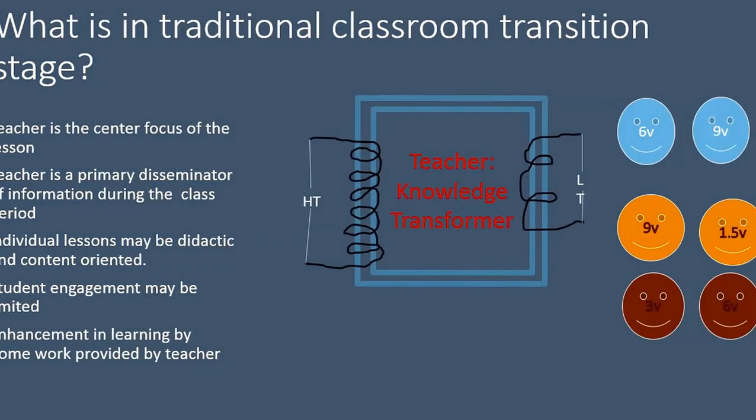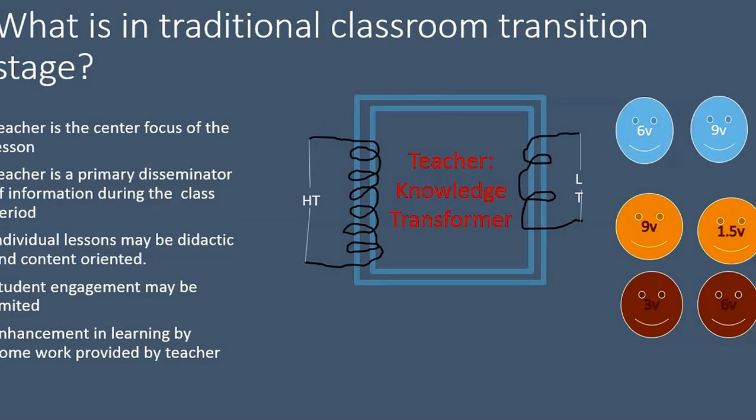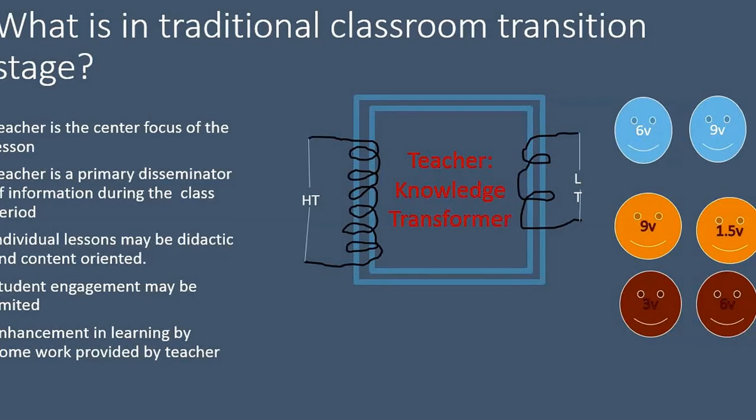So if you see this entire scenario, how it is looking like, I have prepared the model of a transformer. It is very specific, as I am from physics, so I am doing this as a step down transformer. So knowledge transformer is a teacher, and see the students' need.